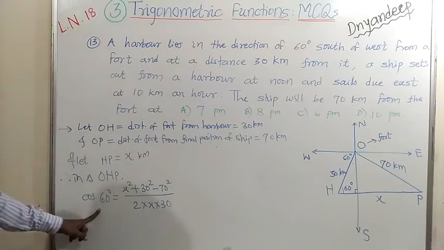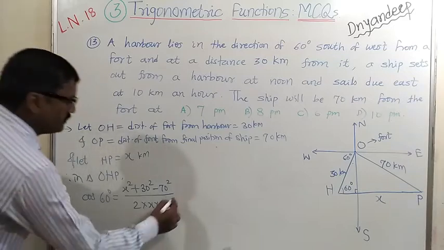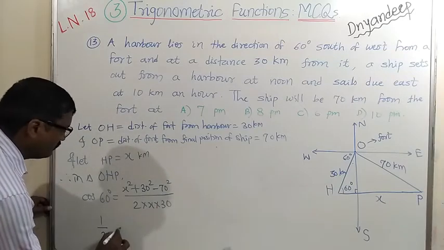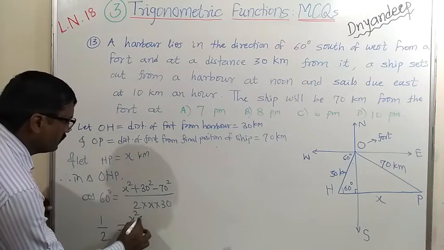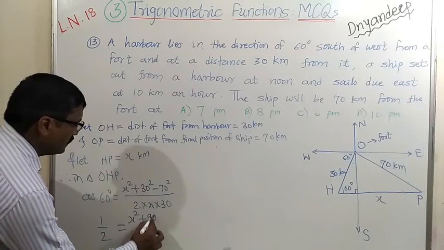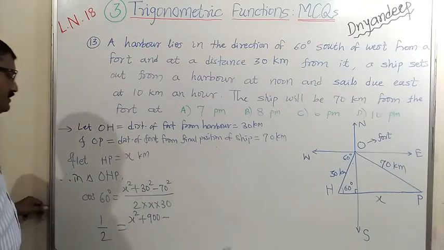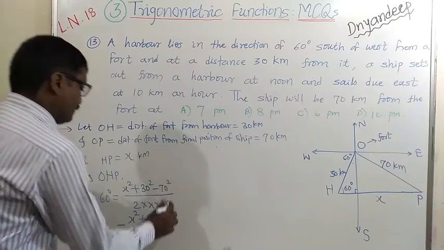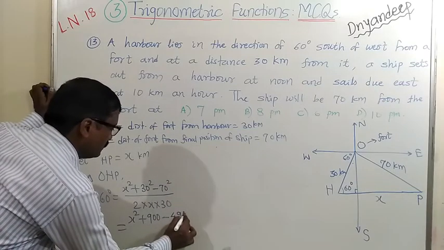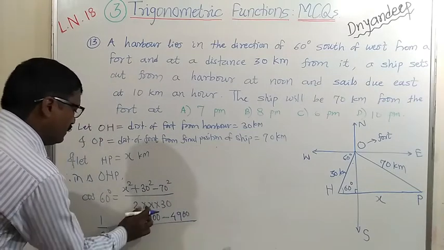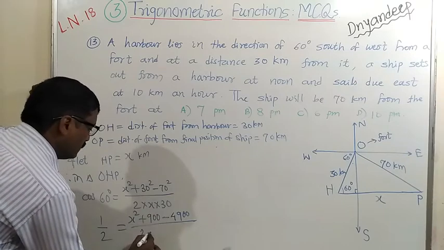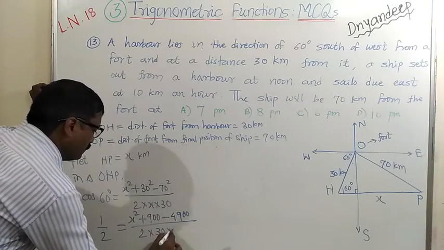Here cos 60 is half, so half equals x square plus 900 minus 4900, whole divided by 2 into 30 into x.